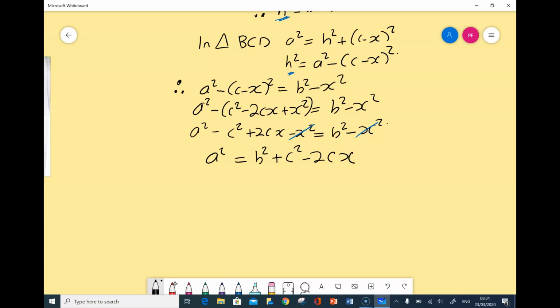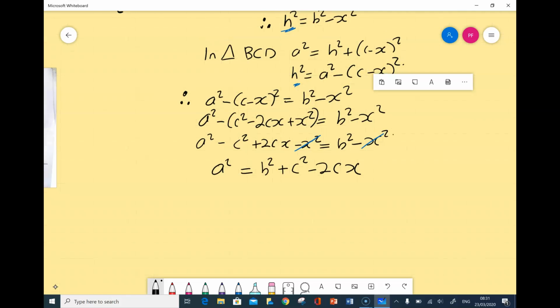We just have that minus 2cx at the end to convert. Instead, here we should have minus 2bc cos A. I have a c in there, but I don't have a b and I don't have a cos A.